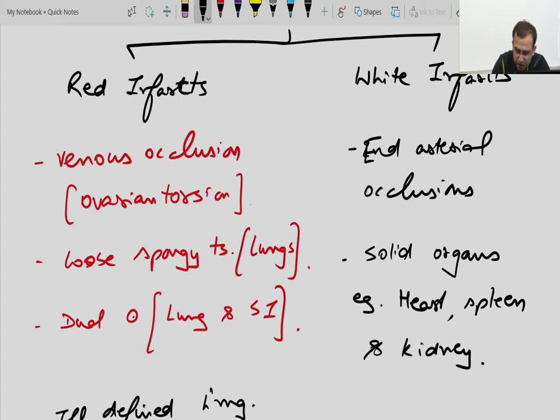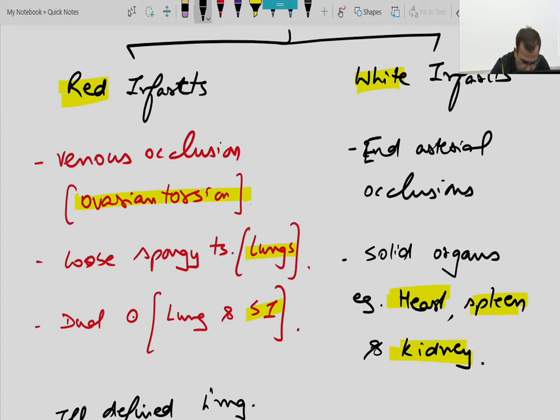Please put a double star on this. Extremely important: heart, spleen and kidney are associated with white infarcts, versus lungs, small intestine and ovarian torsion, which are red infarcts. Extremely important.